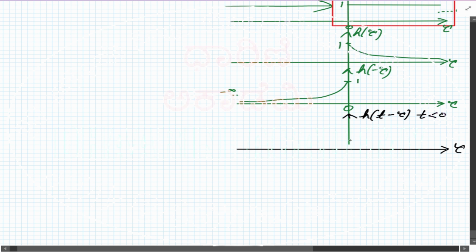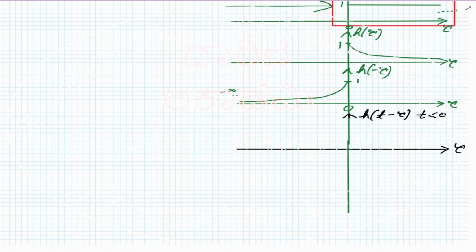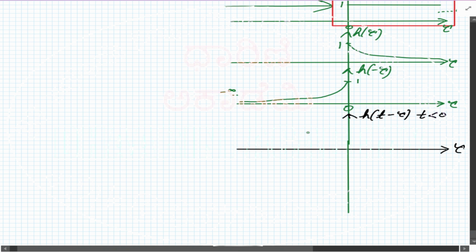This is the tau axis, let me write this. Now you see, if this is the condition, h of tau will be somewhere here, because t is the amount of shift. t less than 0 means this will be the t. This is amplitude 1. For any value of t less than 0, if t is minus 100, this may be here.